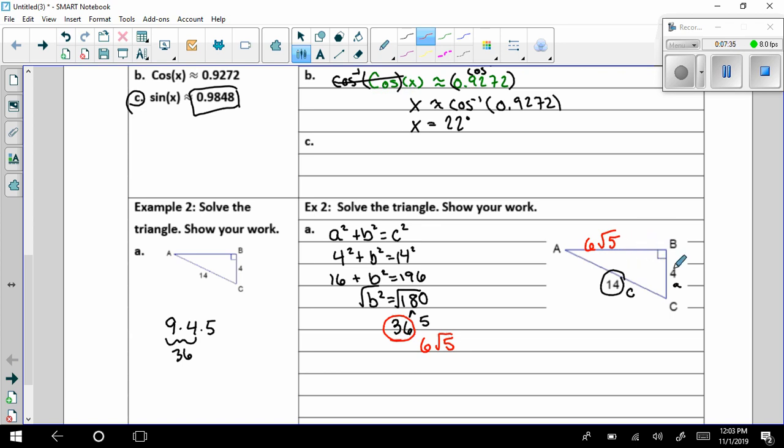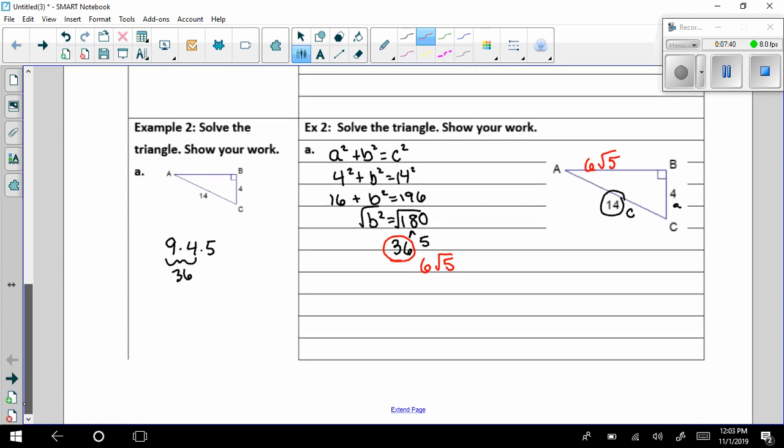Okay, that's not a clear, obvious pattern as far as angle measures are concerned. So to find the different angle measures, we have to set up our trig ratios. You pick an angle of interest, whether it be A or C. It doesn't matter which one you pick. I'm going to go with A. So for angle A, the sine of A is the opposite over the hypotenuse.